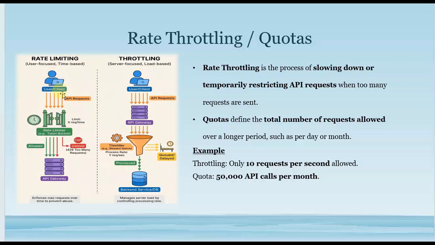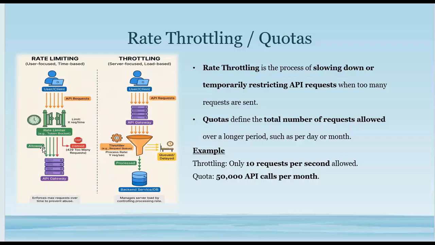The rate limiter checks how many requests are sent in a given time. This is a limit like requests per minute. If the user stays within the limit, requests are allowed. If the limit is exceeded, requests are denied. So rate limiting controls how many requests a user can send in a fixed time.